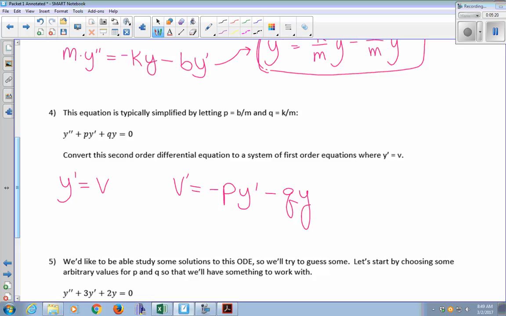But the idea is I don't want to have derivatives in my equations, right? A system of linear equations has a derivative on the left and then the right side is just the variables. So what could I replace y prime with? V. Yeah.